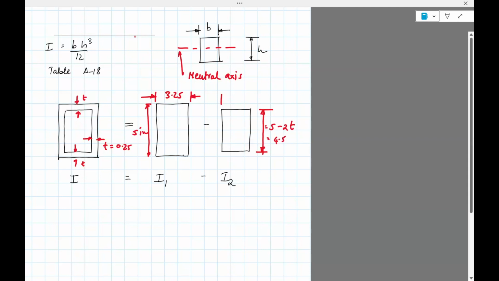And then same for this one. B is going to be 3.25 minus 2 times t, equals 2.75.